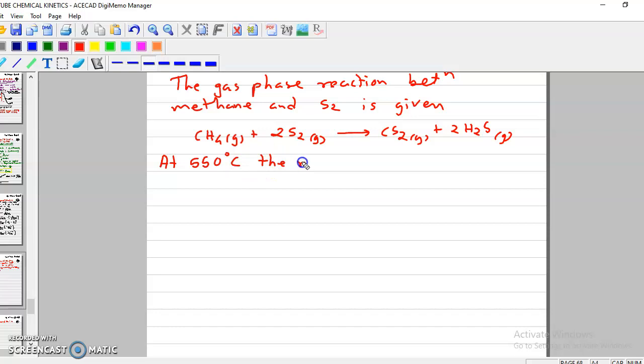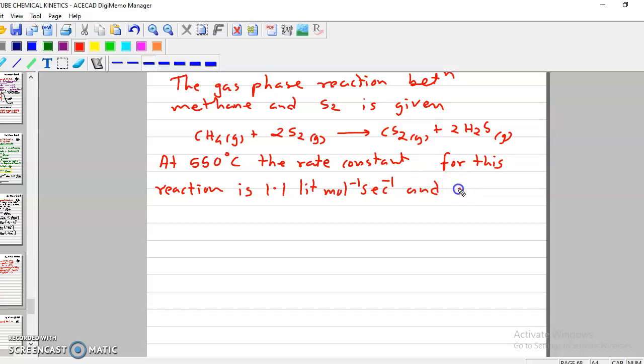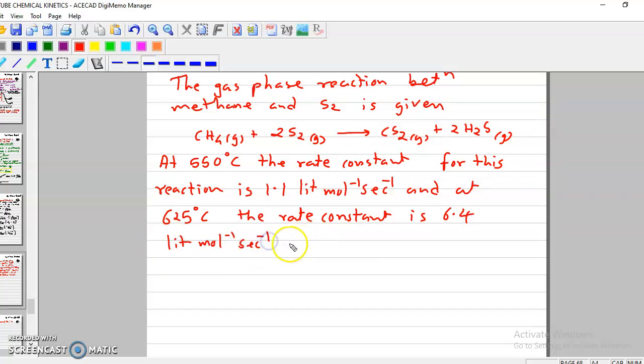The rate constant for this reaction is 1.1 liter per mole per second, and at 625 degrees Celsius the rate constant is 6.4 liter mole inverse second inverse. You have to calculate the energy of activation.